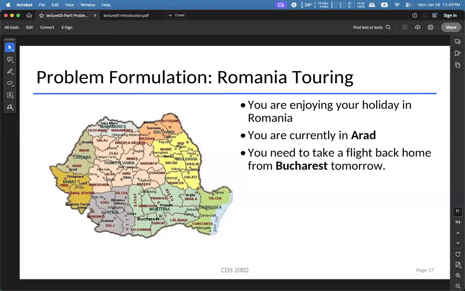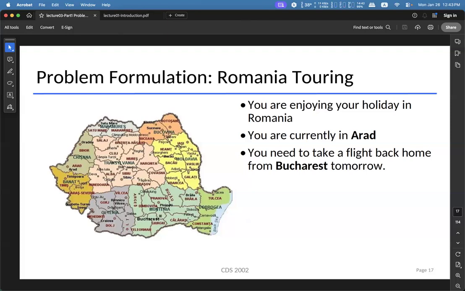As a result, now you are in Arad right here, and you will need to figure out a way to go to Bucharest right here. You are now at this point, and you will need to figure out a path to go to Bucharest. This is the problem we are solving.